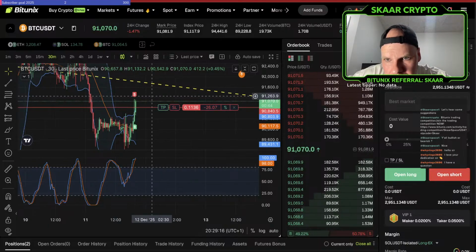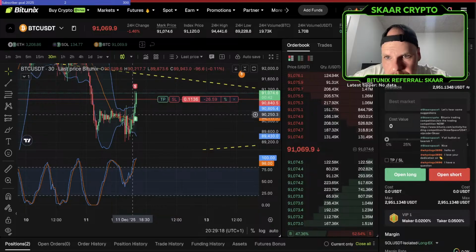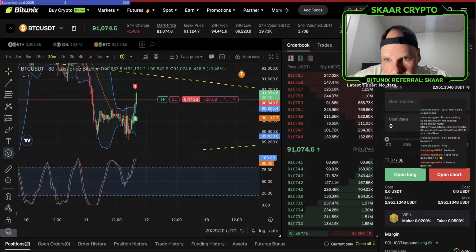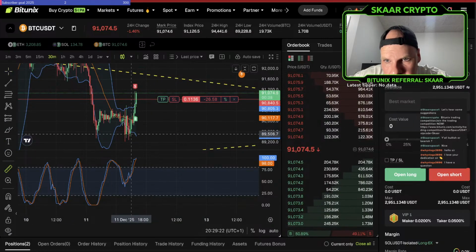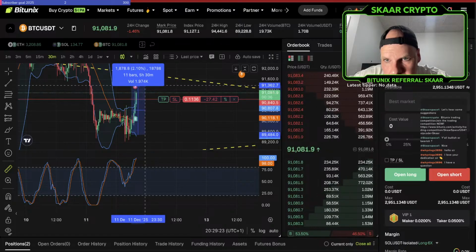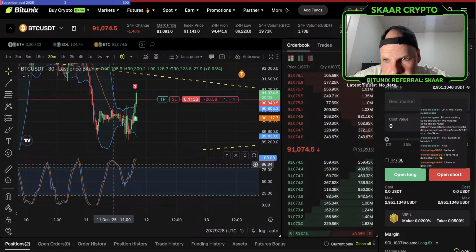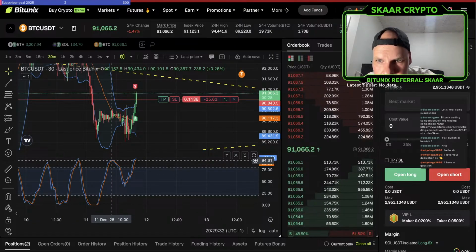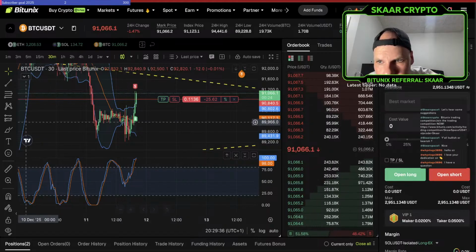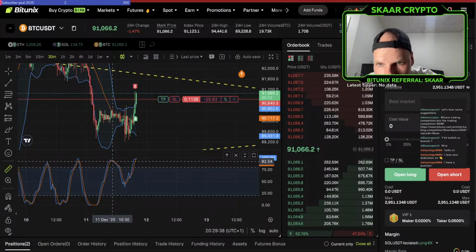You can see how aggressively we moved out on the 30-minute, like in just 2 hours or so, we just completely pumped 2%. Like from the top here, RSI wise, to that bottom, we went higher now.